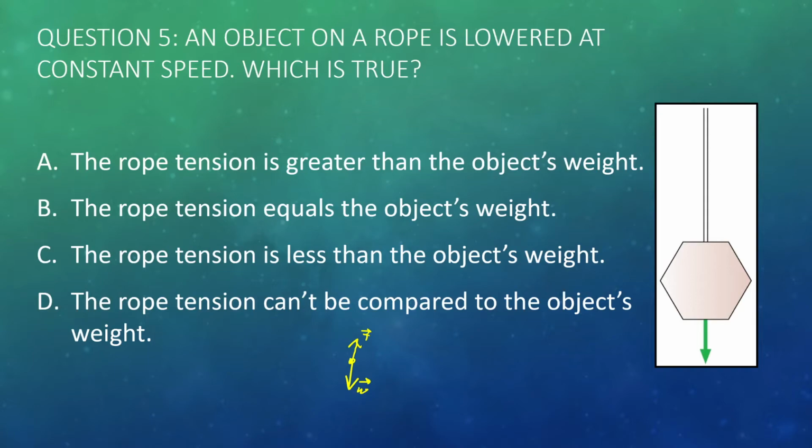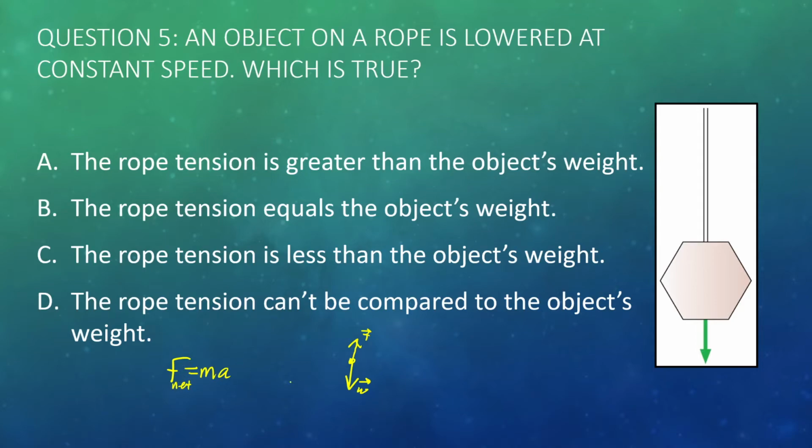Now, the key here is it says it's at a constant speed. As we just stated on our last question, by F equals ma, we should recognize that in order to have a net force, you would have to have an acceleration. We don't accelerate in this problem, so we do not have a net force, right? No acceleration, no net force.